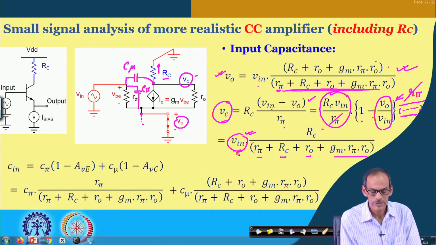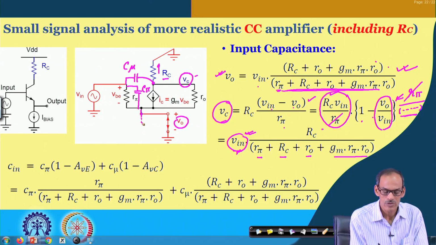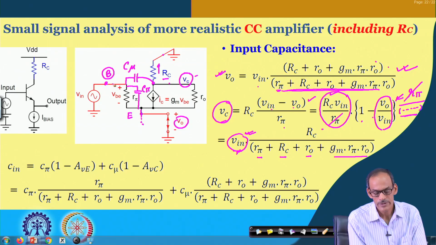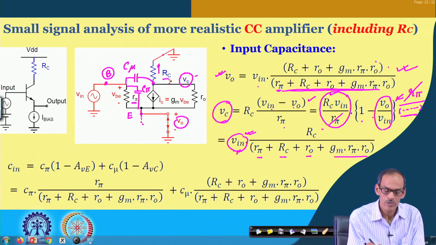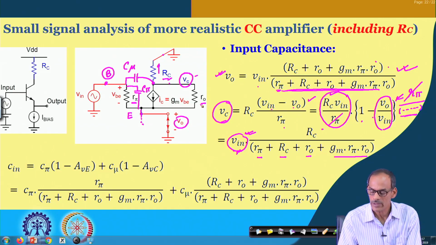In fact, intuitively you can see that if this side is open, and if I start from the base terminal, and then go to the emitter terminal, then go to the collector, and then go to the ground, what we can see here is one resistance R pi, one resistance R C, and also this resistance R naught multiplied by 1 plus G m into R pi, that can be expanded in this form.